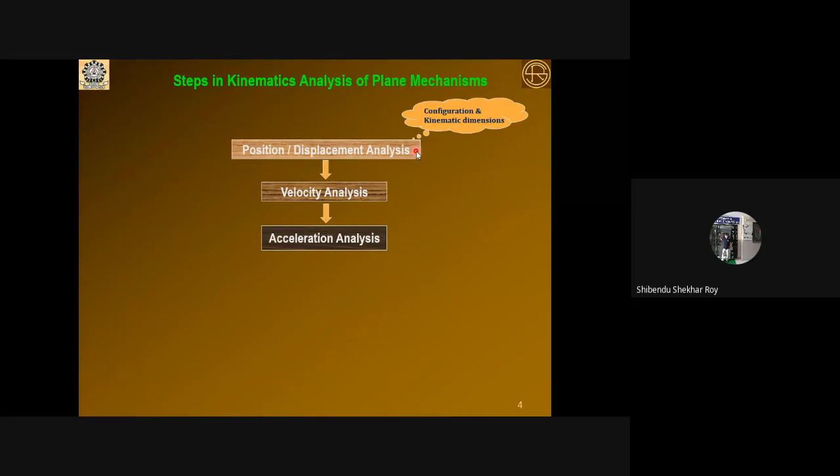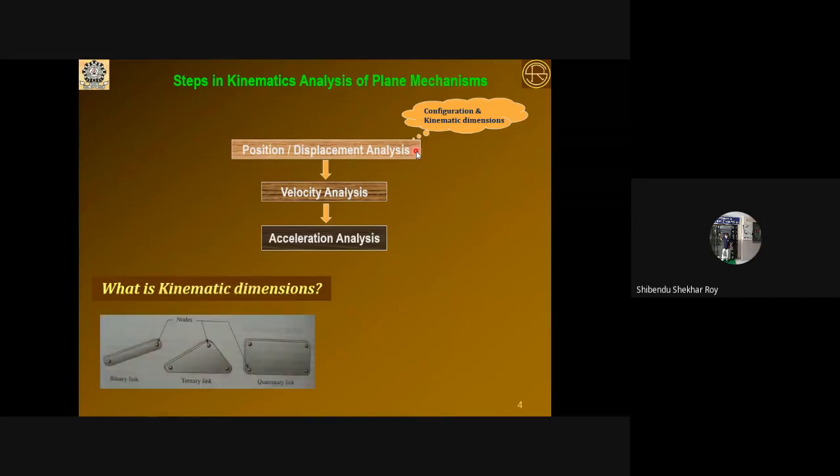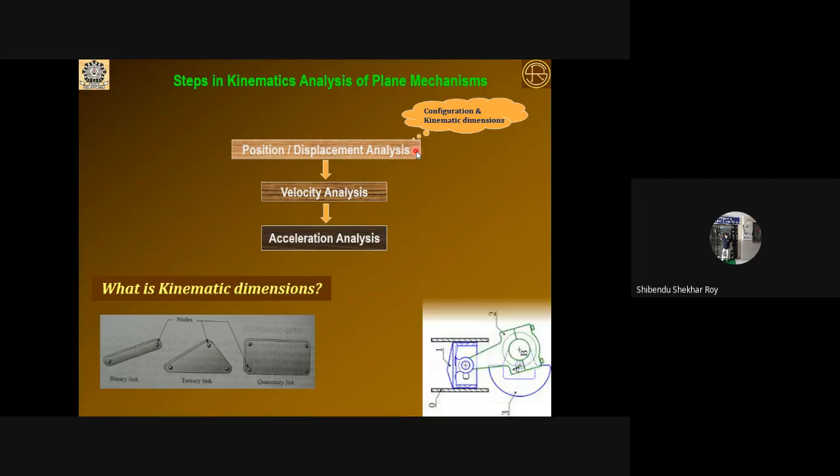I would like to explain what the kinematic dimension is. If you see the links used, the binary link, ternary or quaternary, whatever the links may be, used in a mechanism, for example, the slider crank mechanism. Actually, the engine mechanism is like this. This is your crank, and this is your connecting rod.